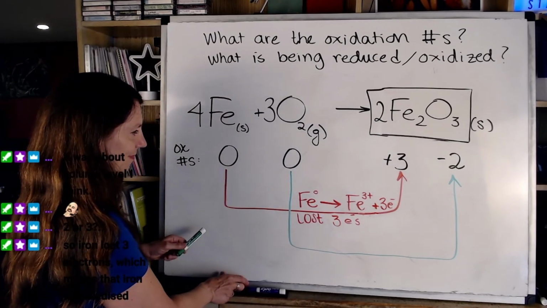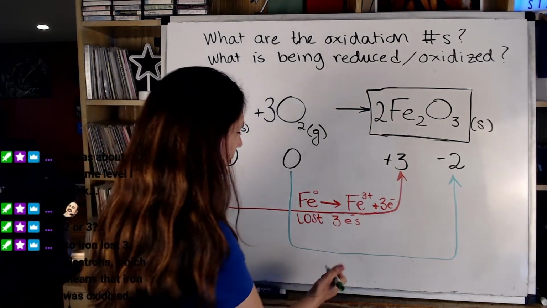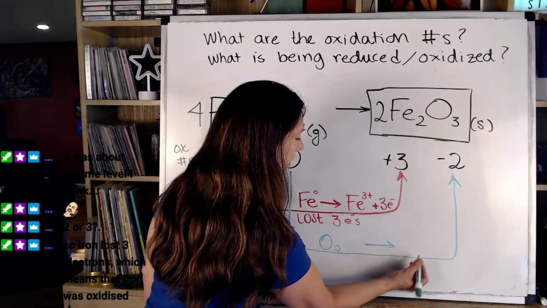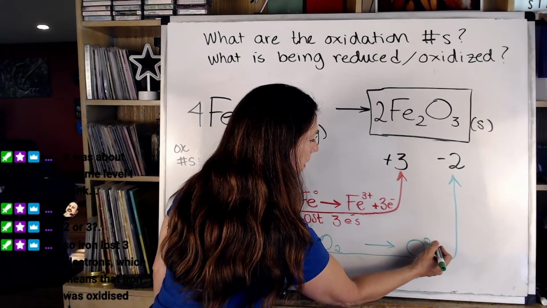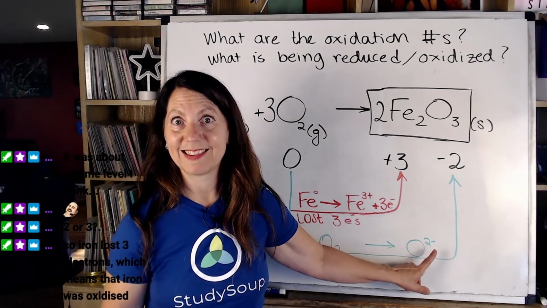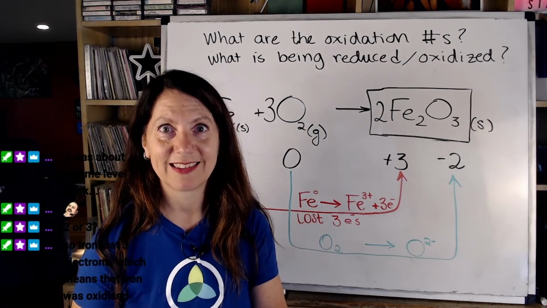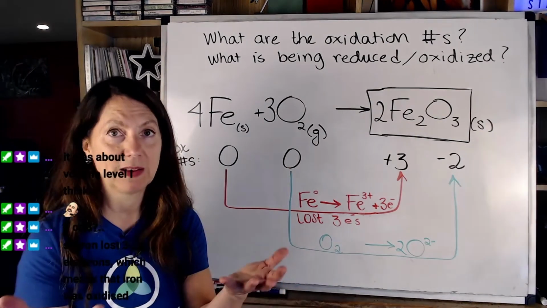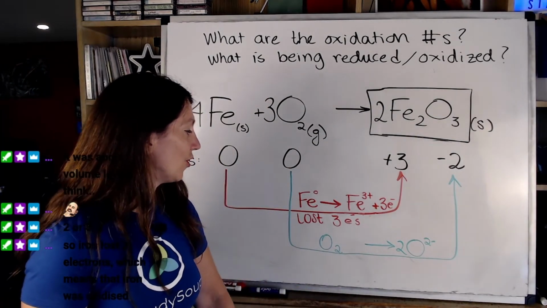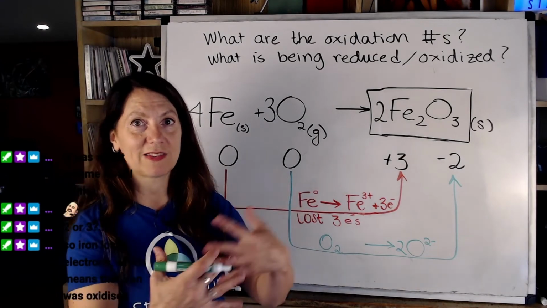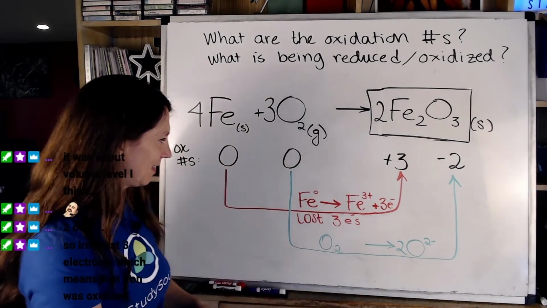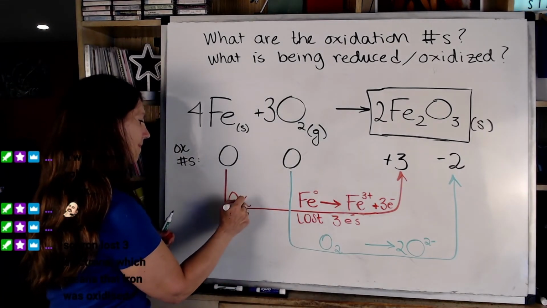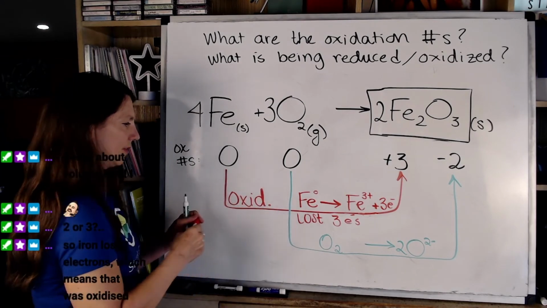Meanwhile, O2. Okay. So now we've got O2 that is becoming oxygen 2-. So now we have these oxygen anions. And because this is O2, that means we end up with 2 of them on this side just to keep things balanced. And so what that means is because iron lost electrons, and it was oxidized, I guess we should put, this is oxidation.